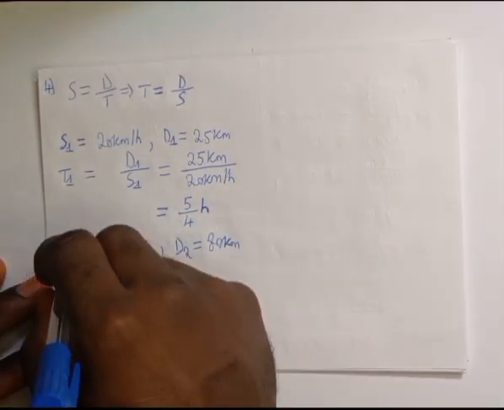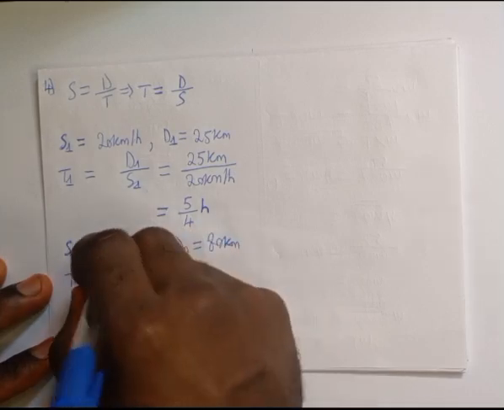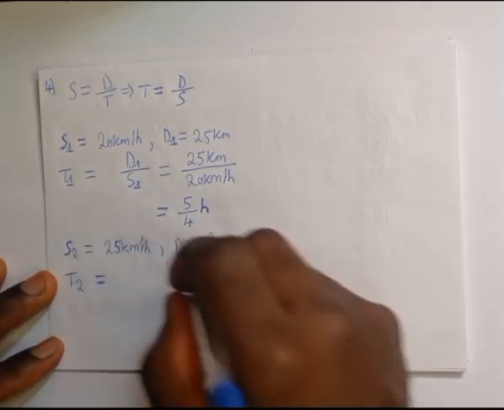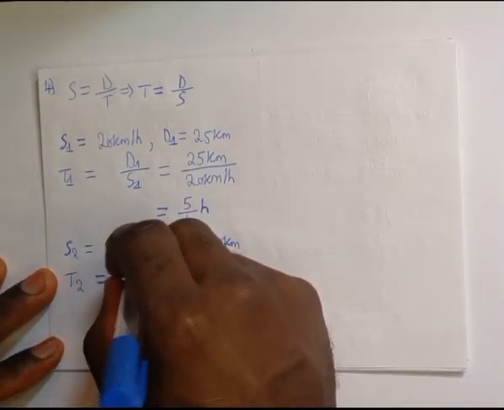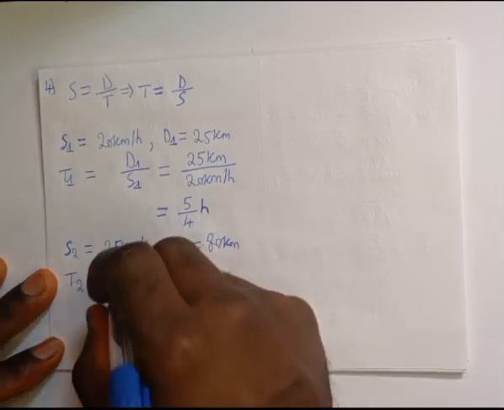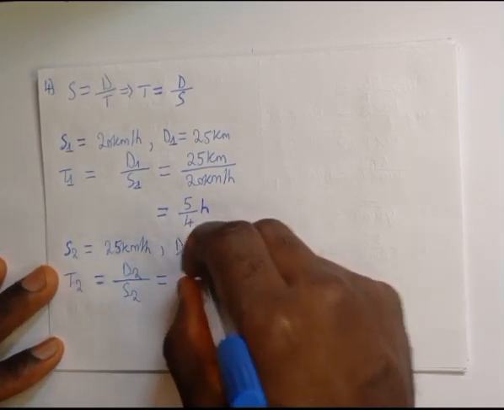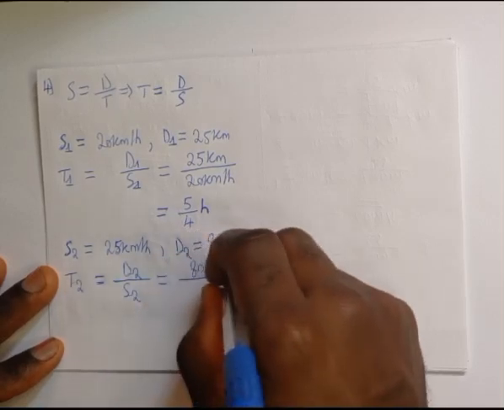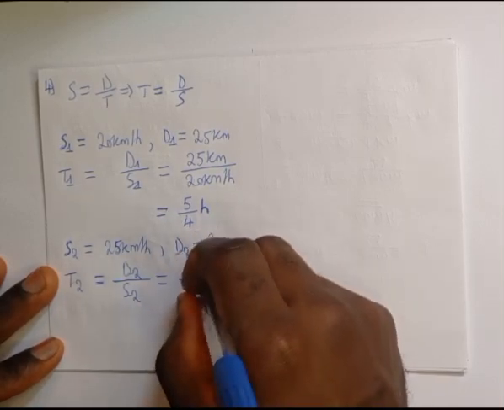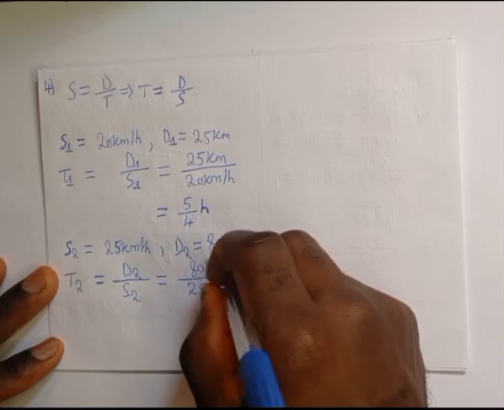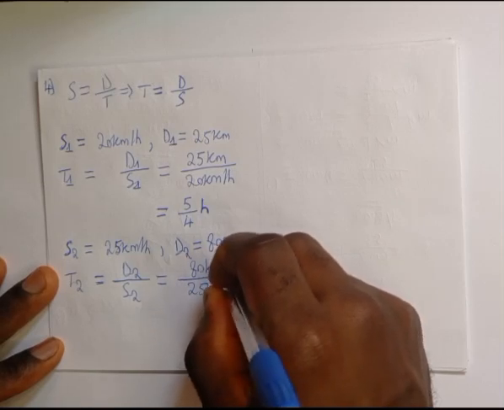Now we need to find T2, which is the time taken for this phase. We are going to divide D2, the distance covered, by S2, and this will be equal to 80 kilometers all over S2, which is 25 kilometers per hour.